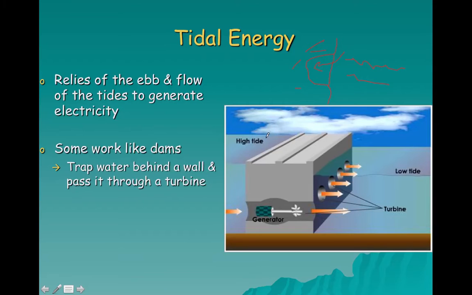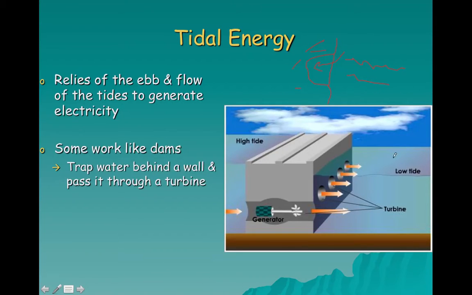As the tide went down, you wouldn't allow the water to pass through. So these are openings that you can open and shut when you want, and all the water is going to go through, collect on this side, and remain high.